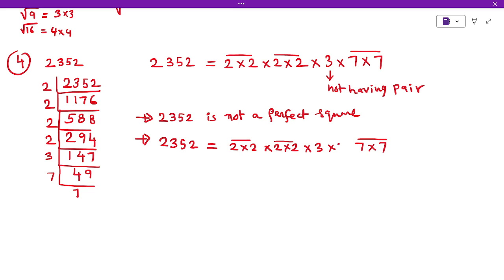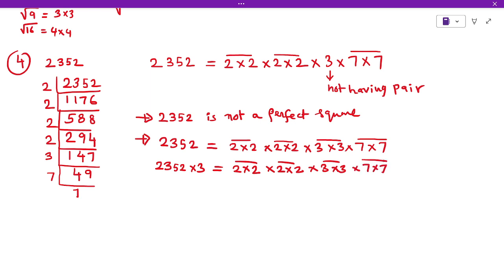If I multiply by 3, then I definitely have a pair also, right? So that means I multiplied by 3 on the right hand side, so I should also multiply on the left hand side: 2352 into 3. Is that clear? So 2 into 2, 2 into 2, 3 into 3, 7 into 7.